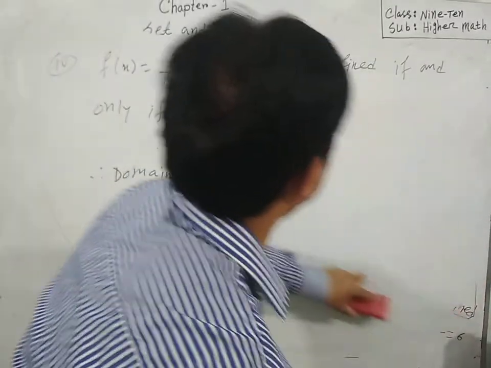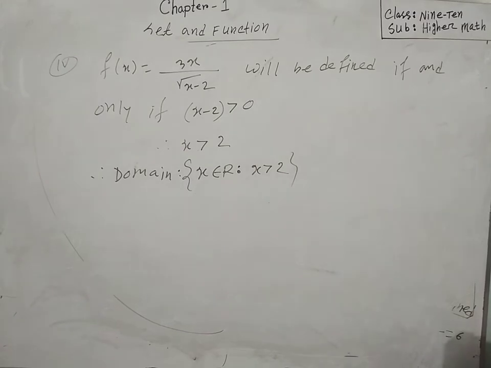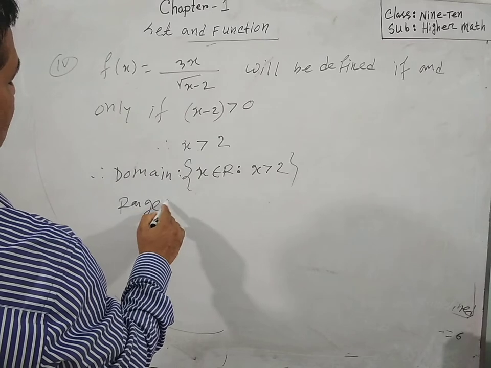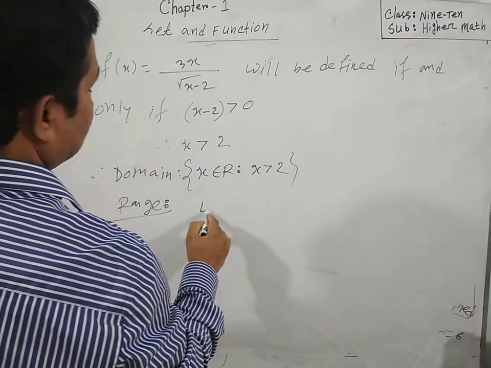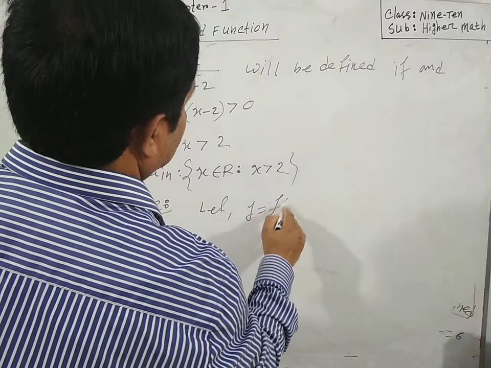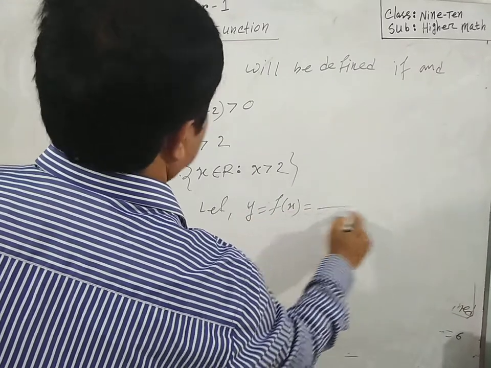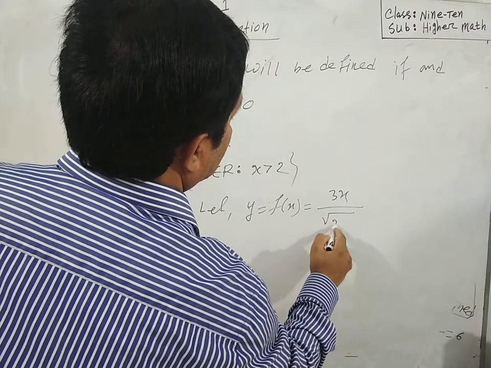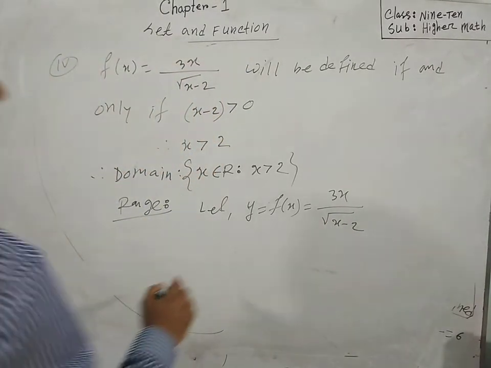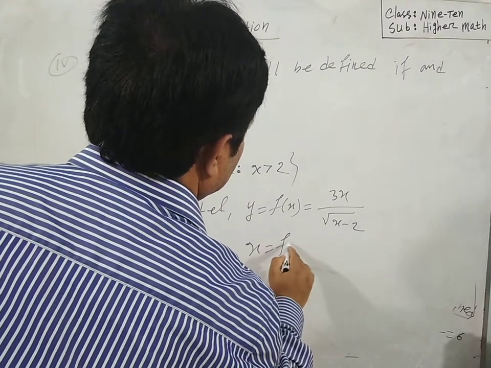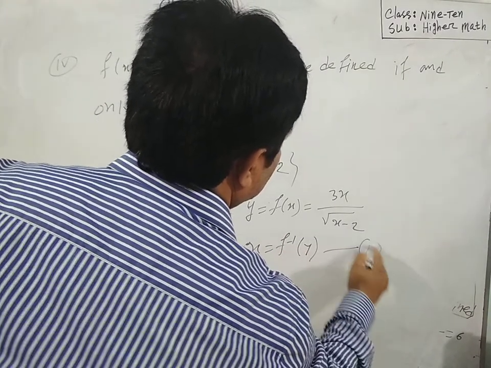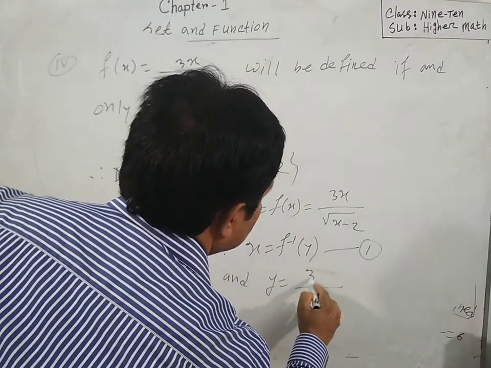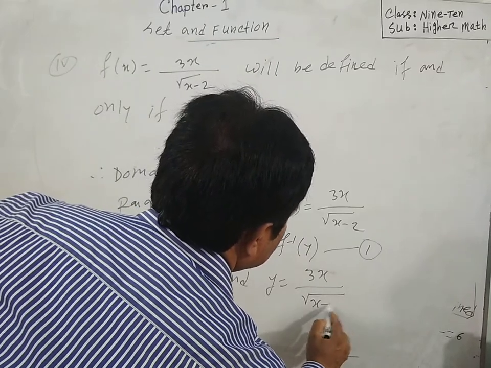Rules are similar. Here range: let y equal f of x, which is 3x over root of x minus 2. Here x equals f inverse of y, this is 1, and y equals 3x over root of x minus 2.